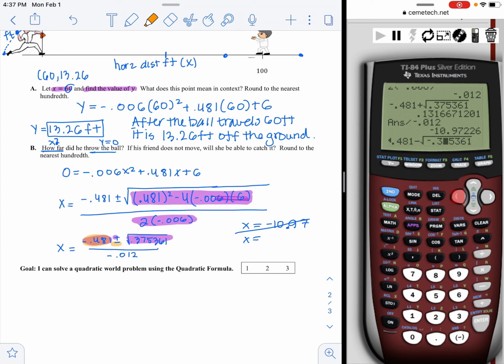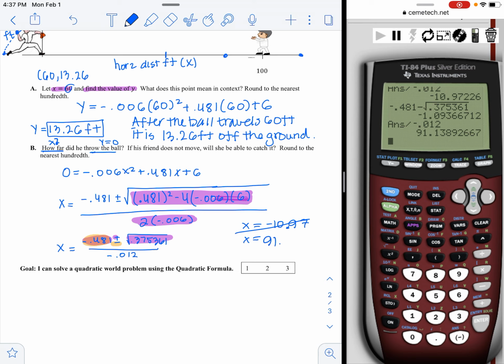Delete. Okay, does that look right? No. Oh, it's because I hit negative instead of point. Delete. There we go. 0.481 minus that. Enter. Divided by negative 0.012. Enter. And I got 91.